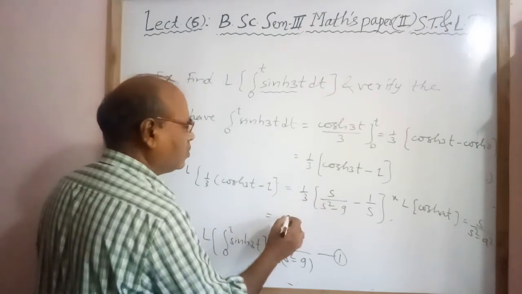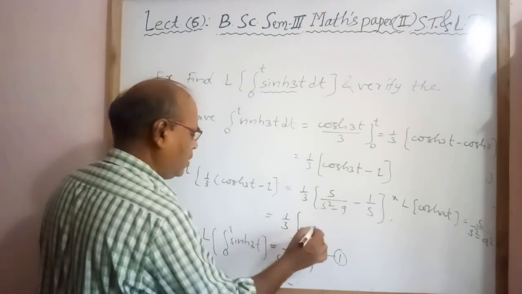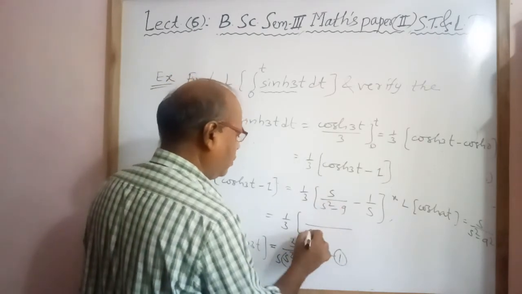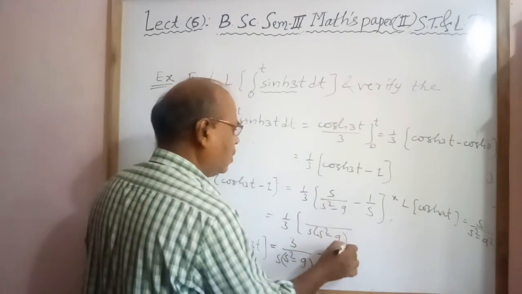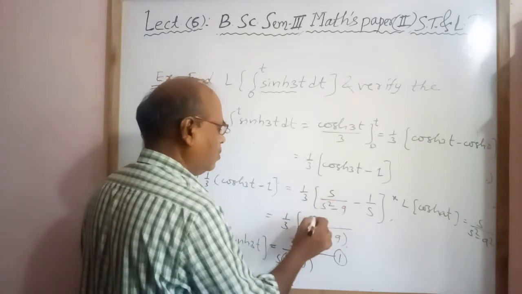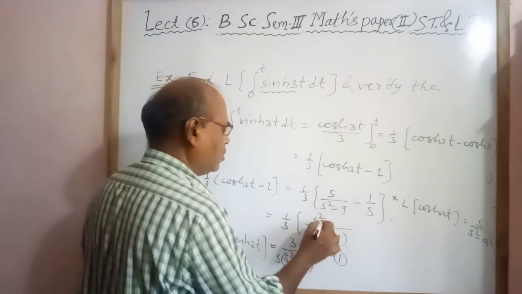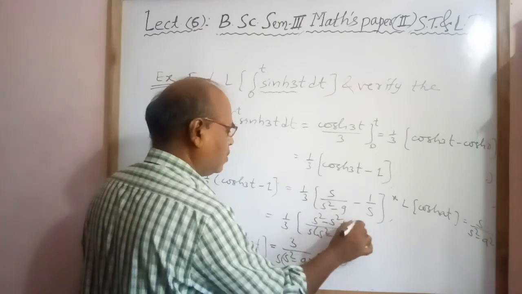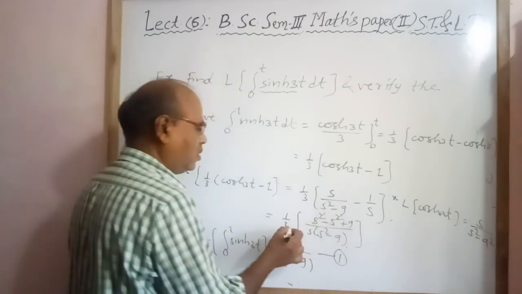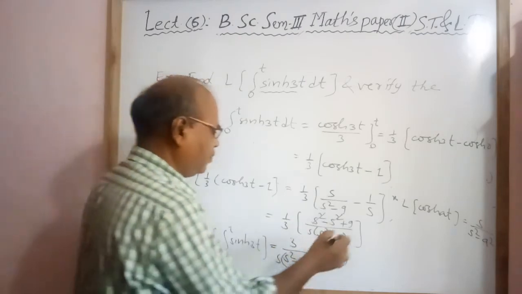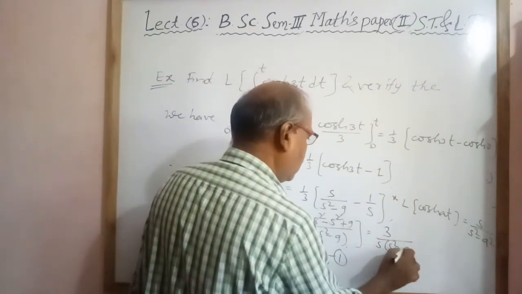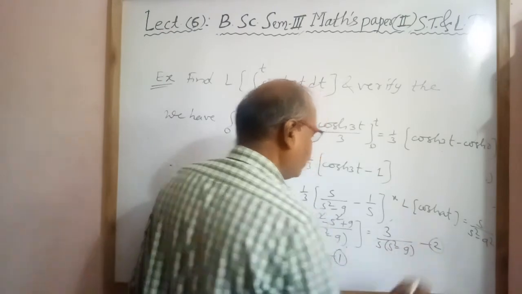Now simplify this. 1 by 3, here take the LCM, s into s square minus 9. Now here plus s square minus s square plus 9, s square cancels, 9 by 3 we have 3. Therefore 3 divided by s into s square minus 9, equation 2.